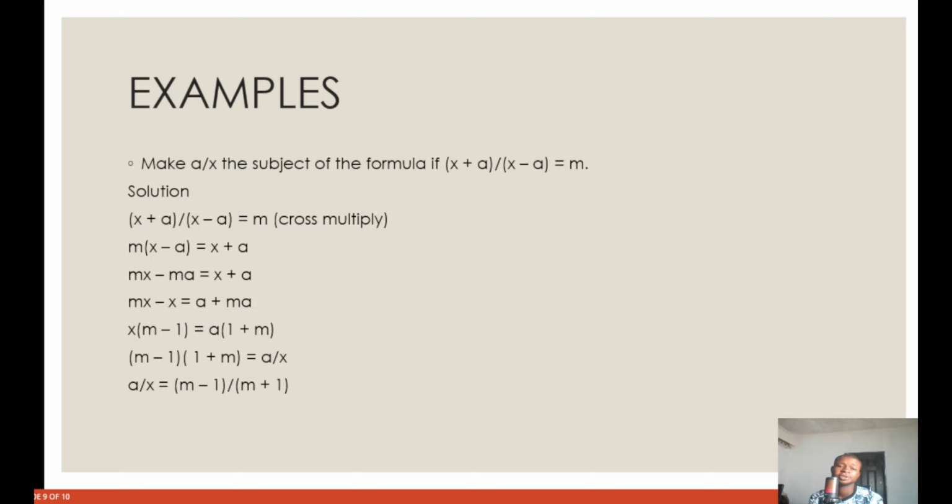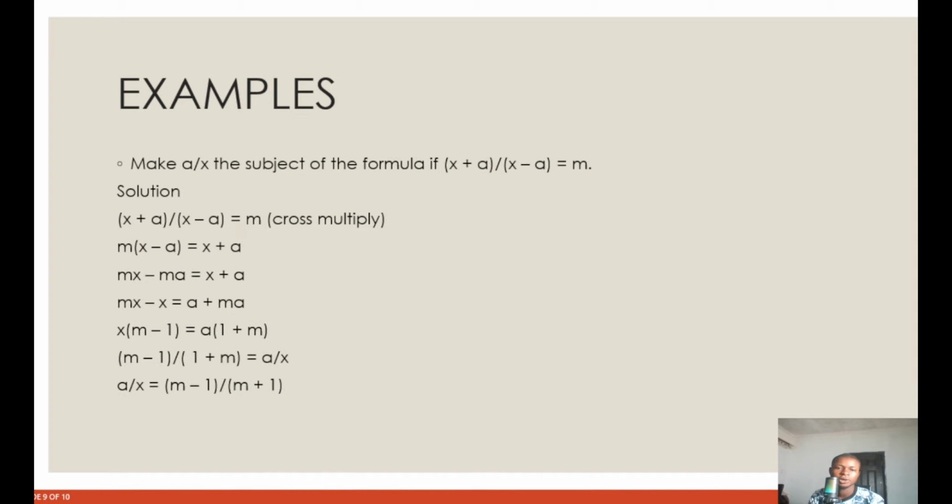When you go through it, you should be able to write it down yourself and give a solution if truly you have gotten it. So here is what we have. You can put it down and check, and you see that when you divide both sides by x, then you get the final answer to be m minus 1 divided by m plus 1.